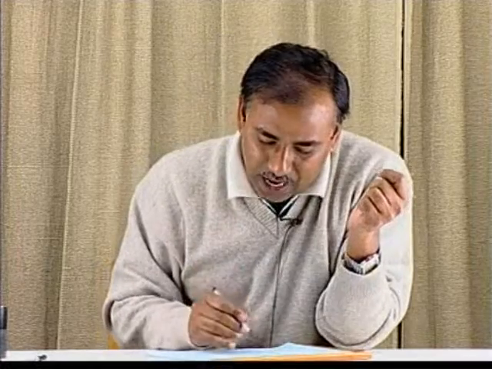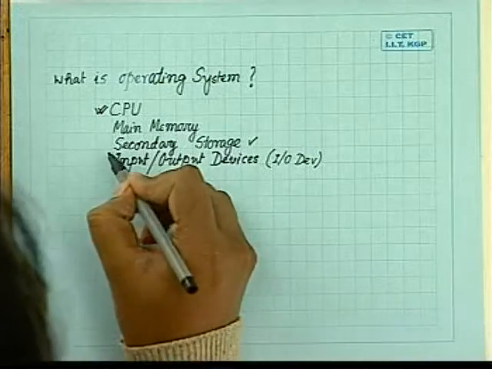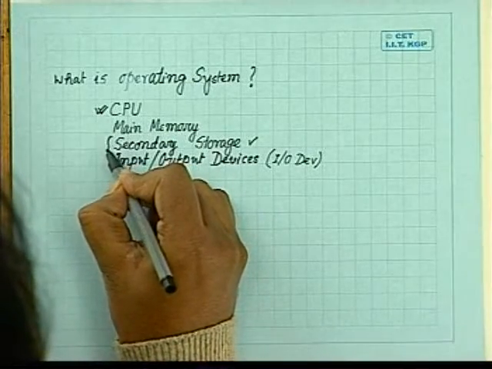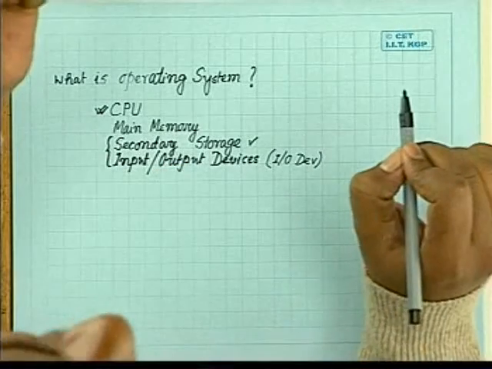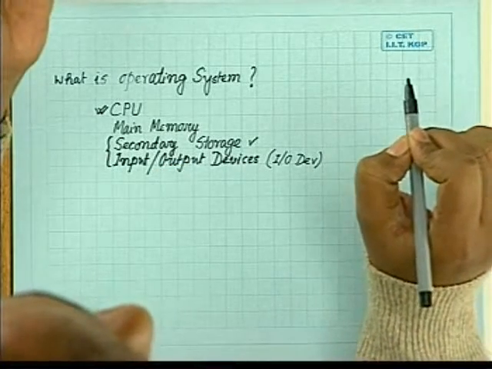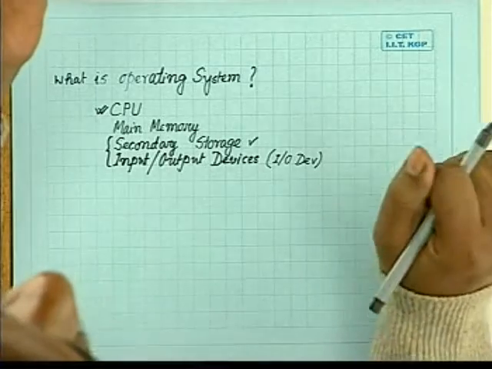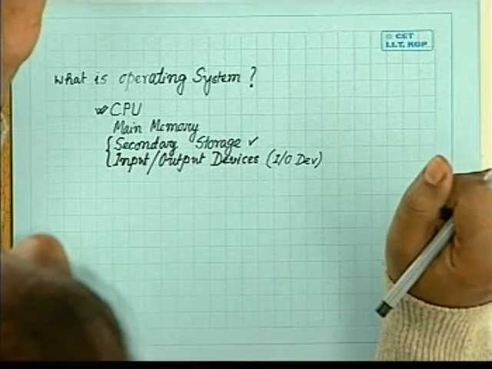So considering that, the secondary storage or the hard disk can also be considered as an output device. Right? So when we talk about these I/O devices, along with that, the secondary storage will also be considered. We'll consider the secondary storage as some special kind of input-output device.